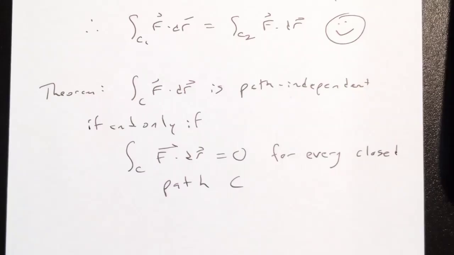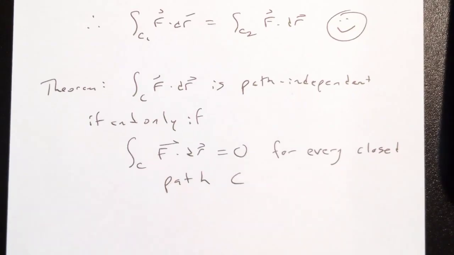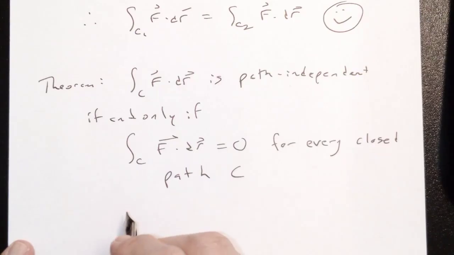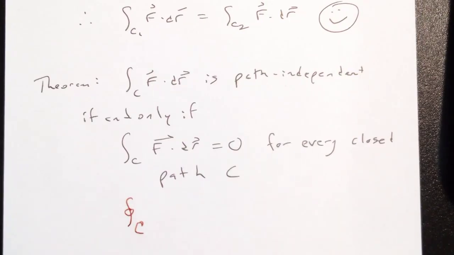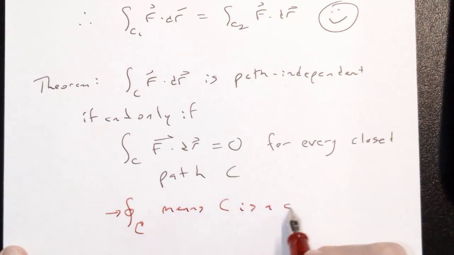By the way, in order to remind myself that I'm doing an integral on a closed path, we will often write the symbol for the integral with a little closed circle on it. That little circle means C is a closed path.